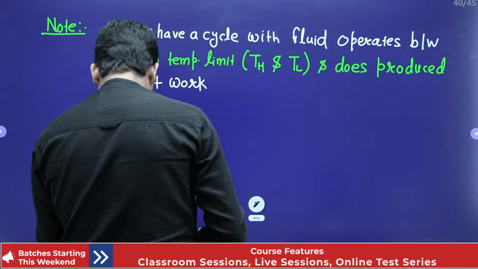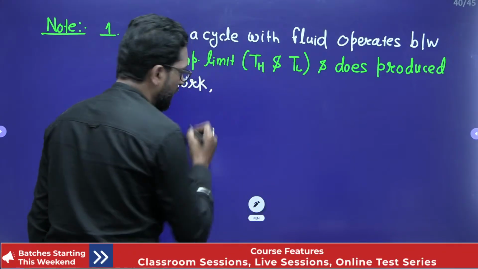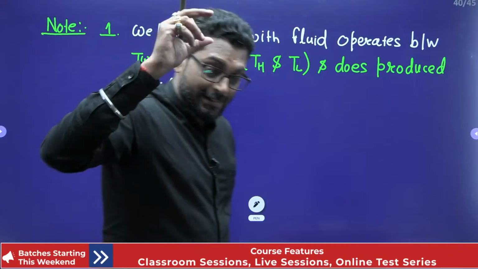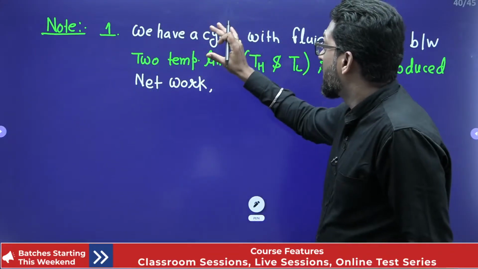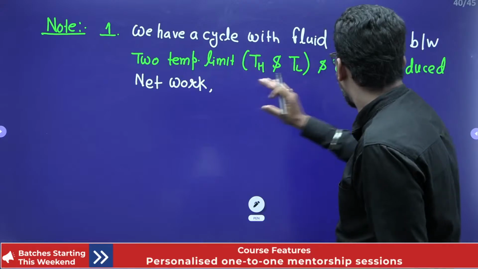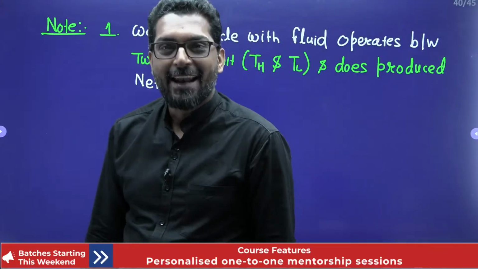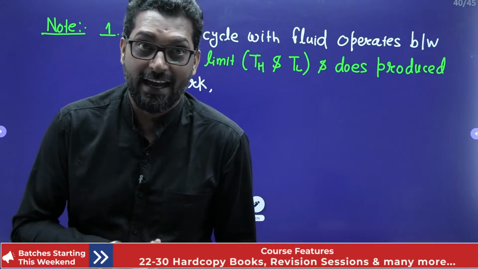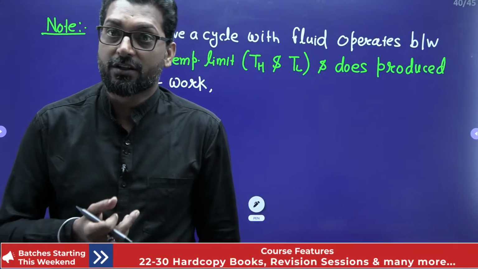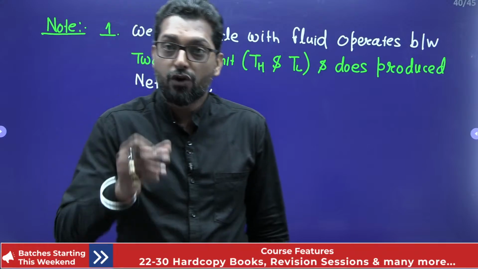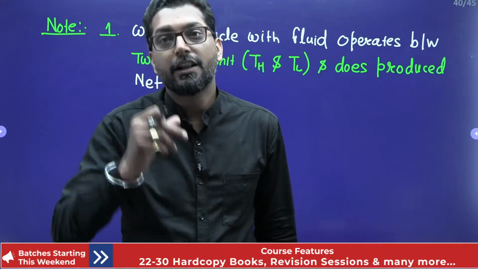So it satisfies the Kelvin-Planck statement, right? The cycle operates between two temperature limits and produces net work, which satisfies the Kelvin-Planck statement. Kelvin says that it is never possible to construct a cycle which operates with a single thermal reservoir.